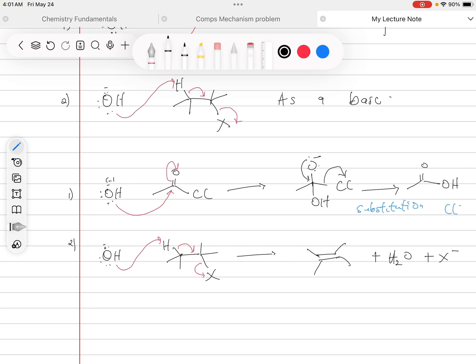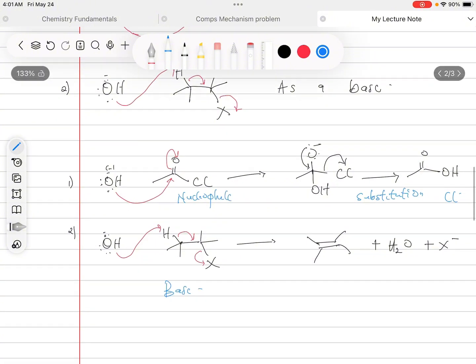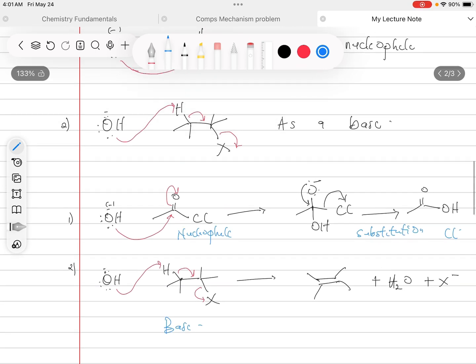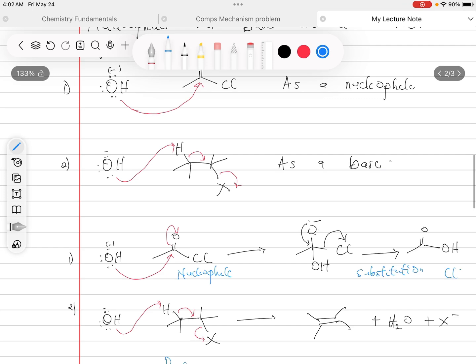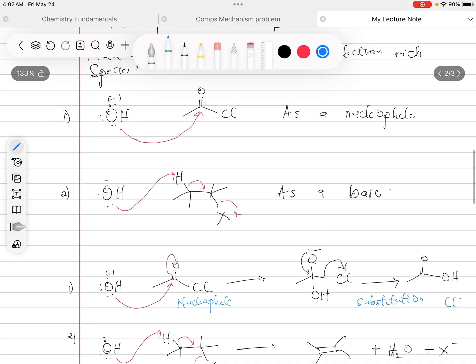This is acting as a nucleophile. Here, the hydroxyl ion is acting as a base. Okay, so these two examples differentiate between nucleophiles and bases.